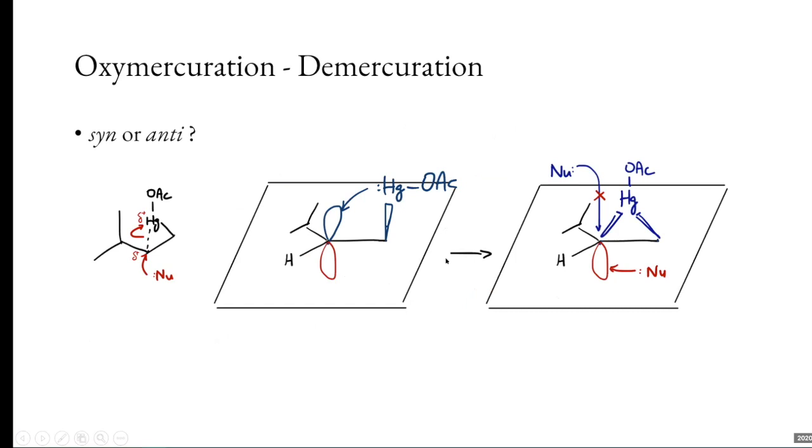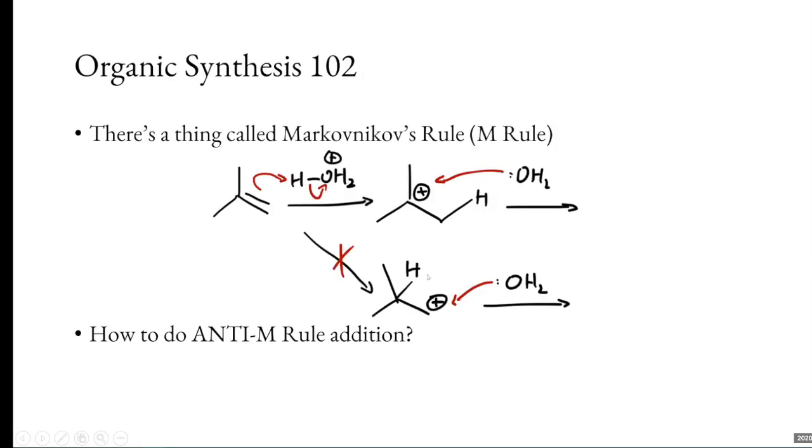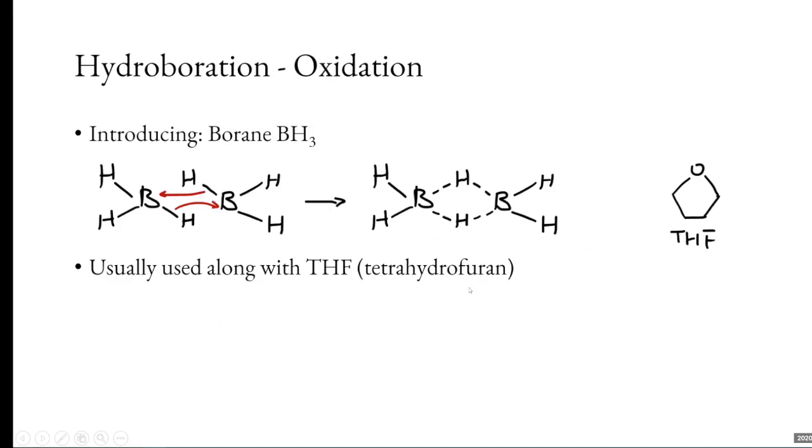So you don't get this product. Now we want to do an anti-Markovnikov addition, so we're introducing hydroboration-oxidation, which is also a two-step mechanism.